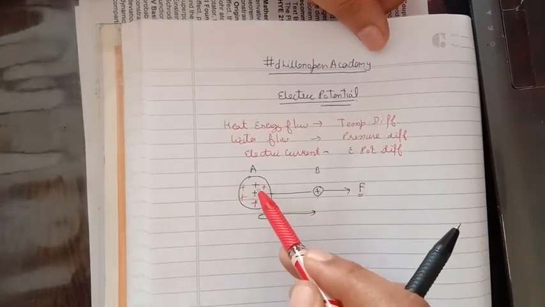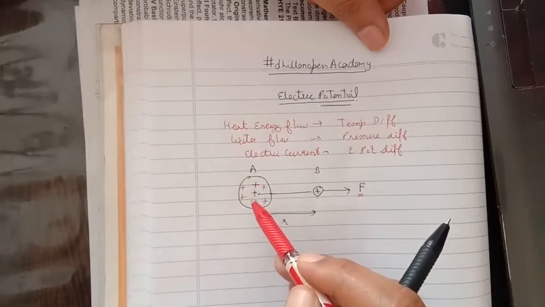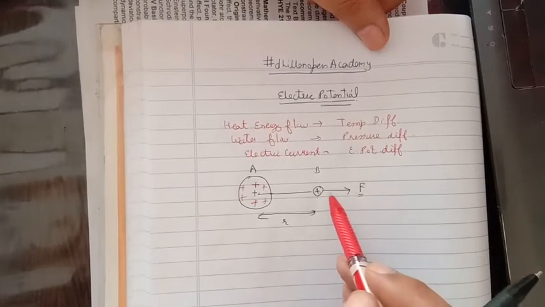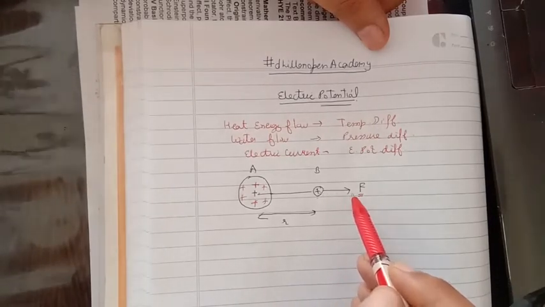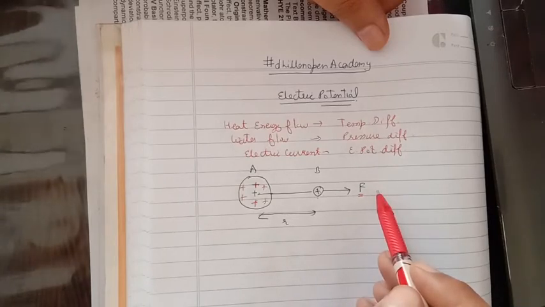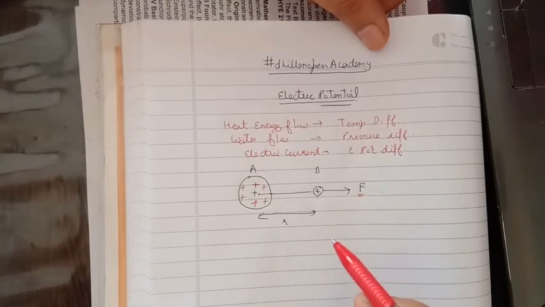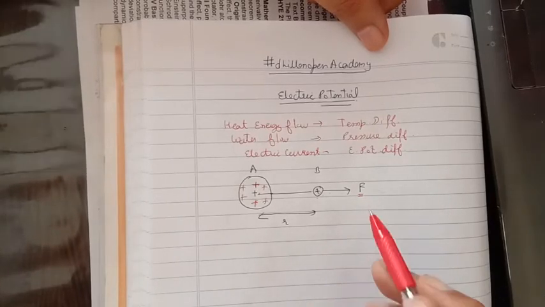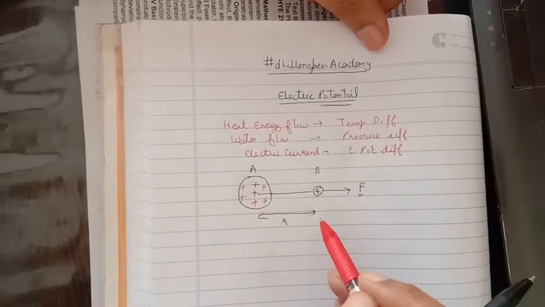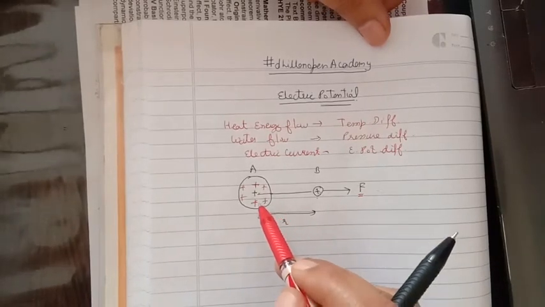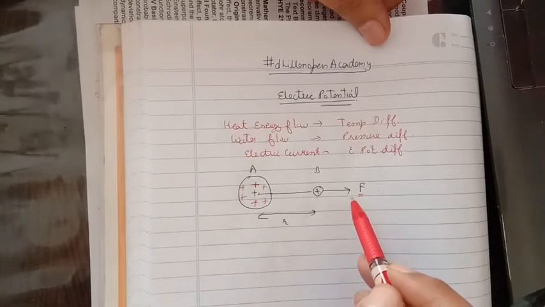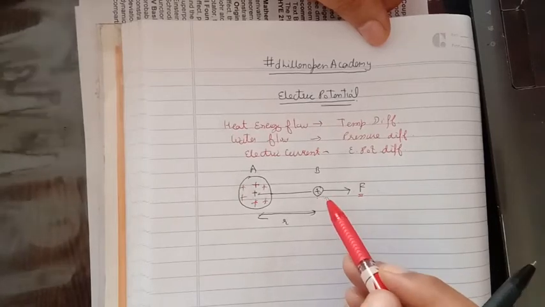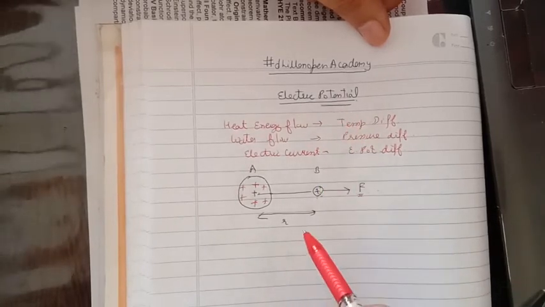Similarly, a charge or a system of charge also has the ability to apply repulsive or attractive force onto other charges, due to which they can either push them away from each other or pull them together, respectively. This ability of the charge or the charge system, with the help of which they can apply repulsive or attractive force on other charges and make them move away or closer towards themselves, we call the electric potential.